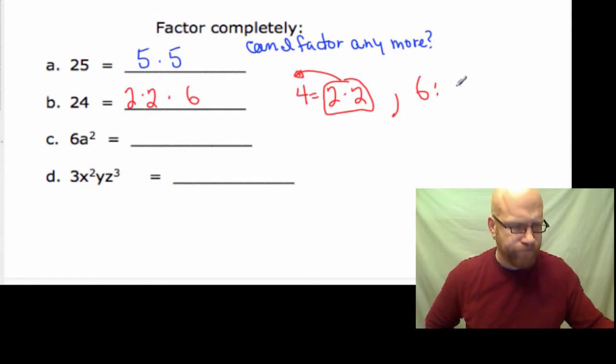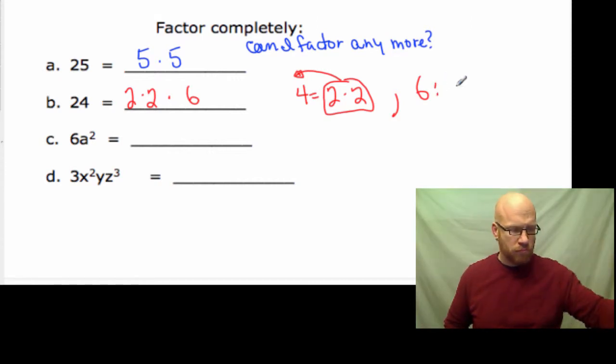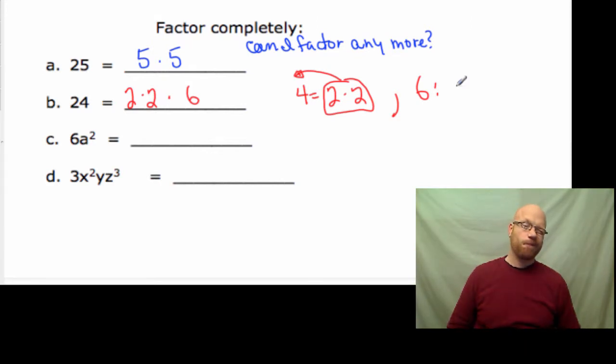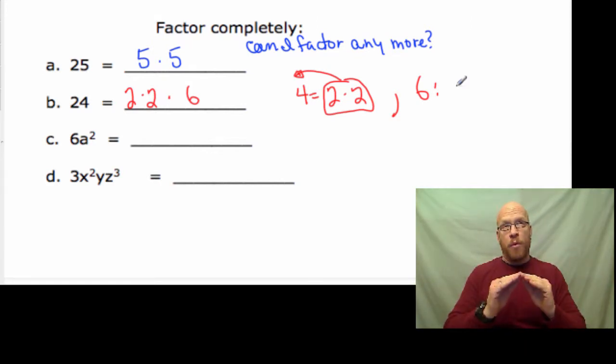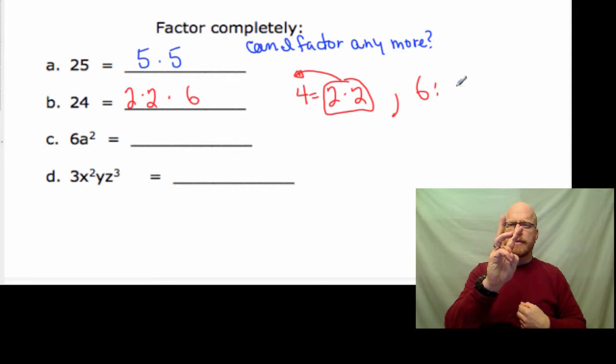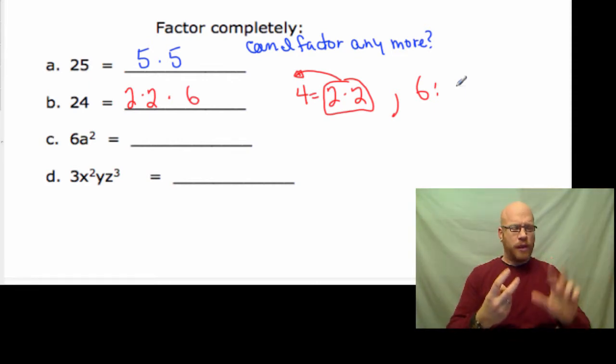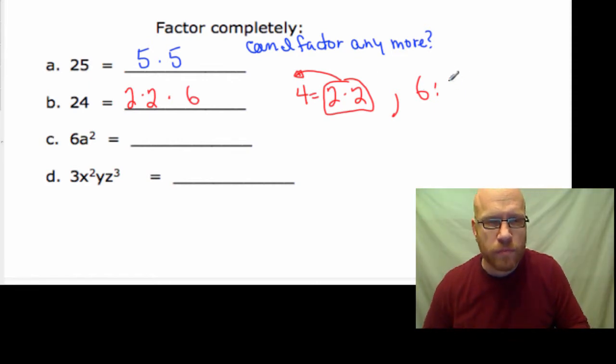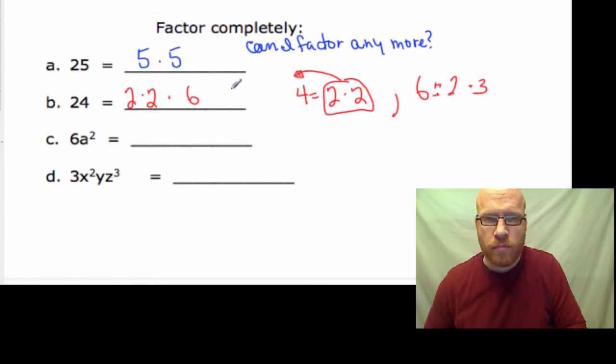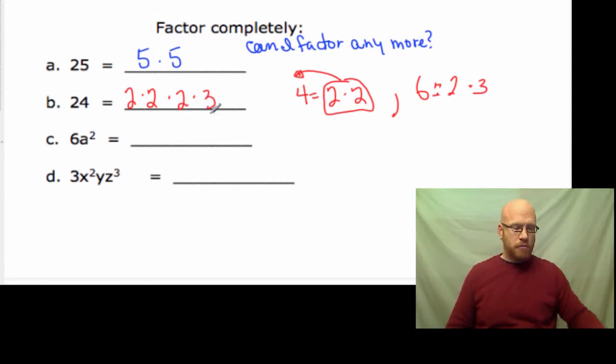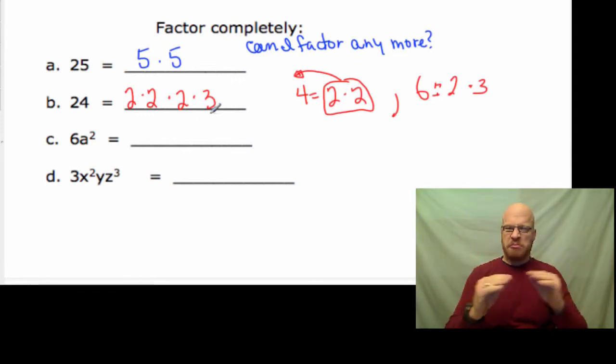Okay, now we have the 6. Can I divide 6? Yeah. 6 can be expressed as 2 times 3. So there we go. That's fully factored. 2 times 2 times 2 times 3. I can't go any further.